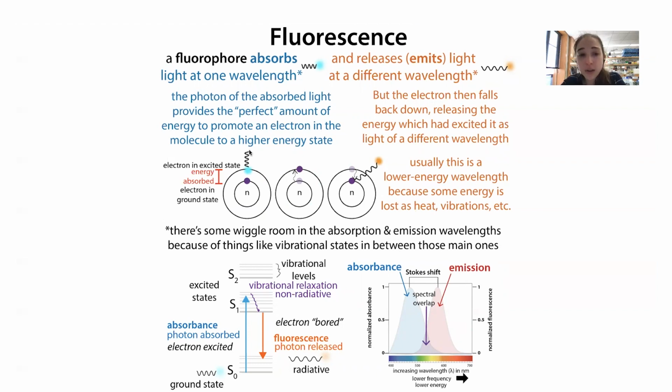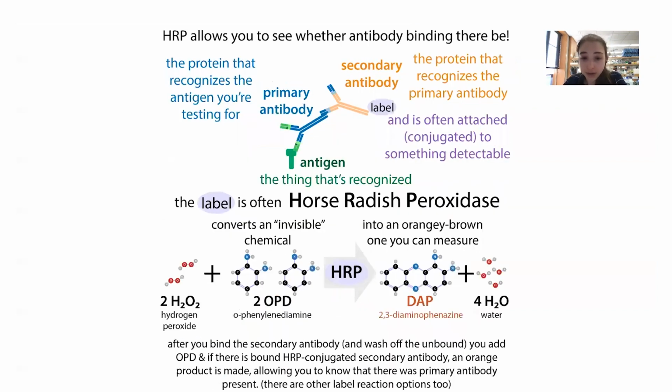So you can shine one wavelength at it using a machine, and then it'll give off another wavelength that the machine then captures. Obviously you need a more specialized machine to do this type of thing, but you don't have to worry about adding in a bunch of other reagents. So it's simpler, but you have to have the machine to do it.